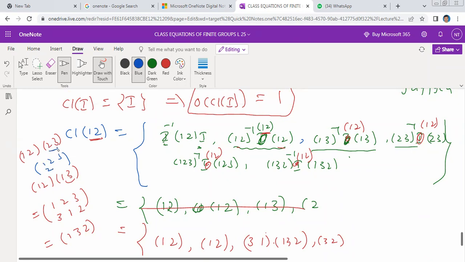This is 2. 2 goes to 3. Therefore it is equal to 1 2 3. Am I right?